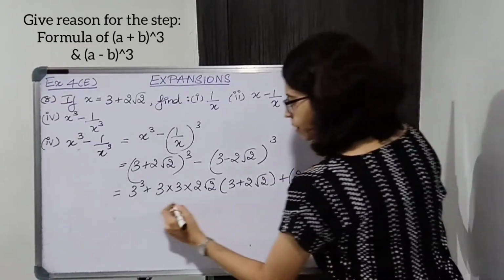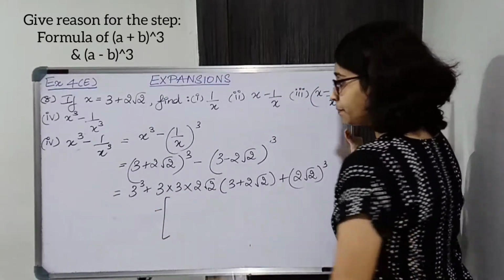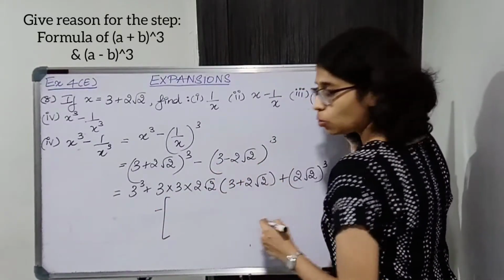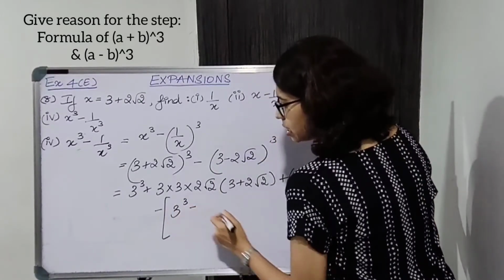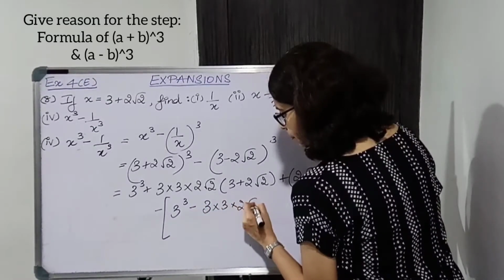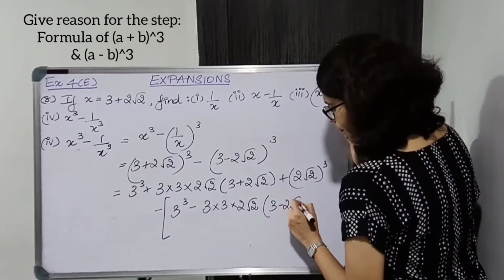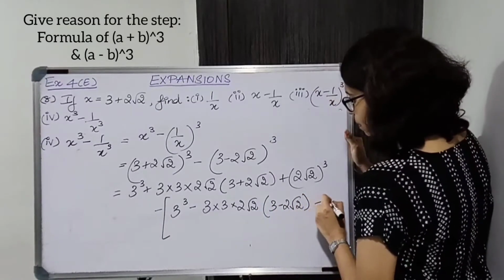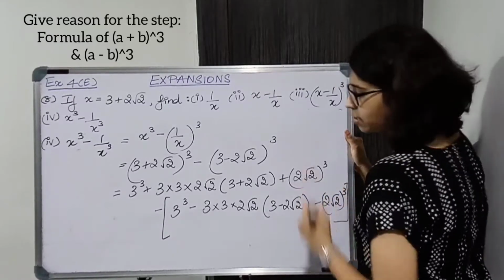Minus, put brackets because there is a minus sign outside. So a minus b the whole cube is a cube minus 3ab, so 3 into 2 root 2 into a minus b, so 3 minus 2 root 2, minus b cube, so minus 2 root 2 cube. Close the brackets.